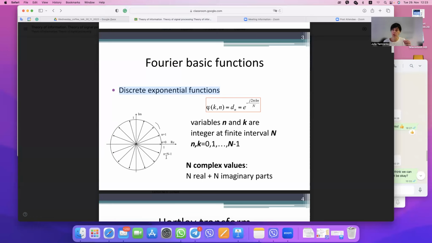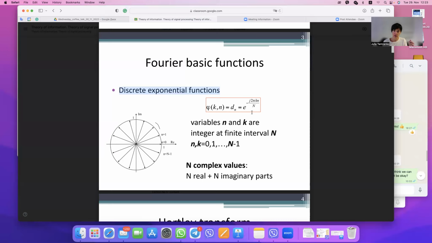The same amount of basic functions and the same amount of different placements of this basic function in the coordinate plane we have. And the formula for the discrete exponential function in the discrete Fourier transform is the formula, also well known to you, that we used in the second practical work.